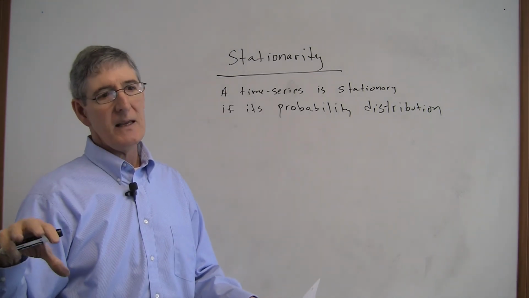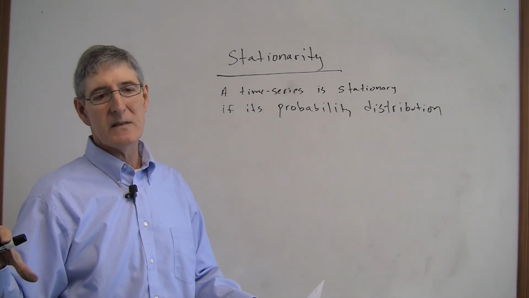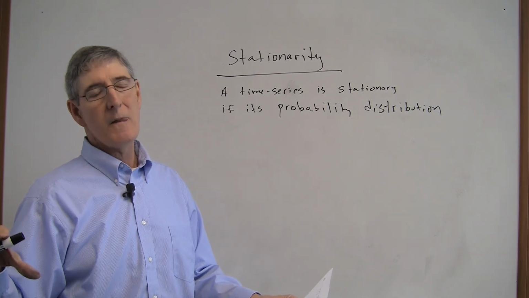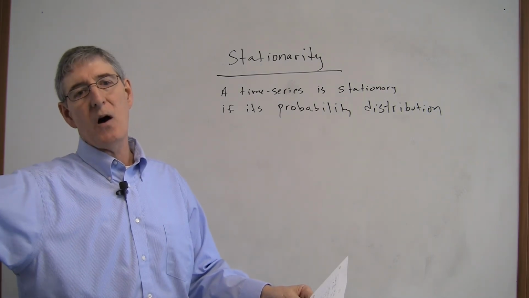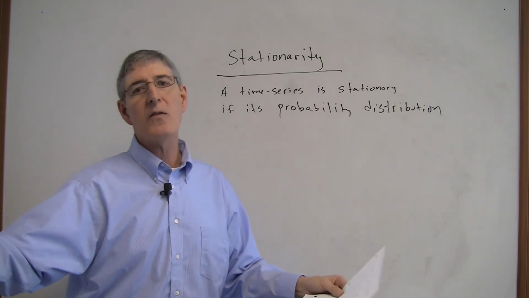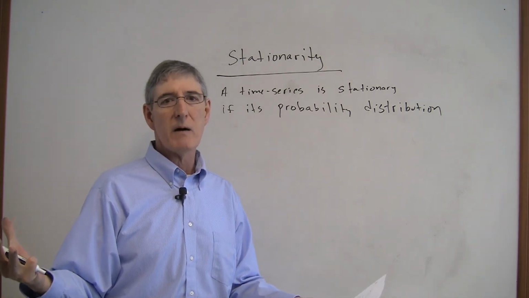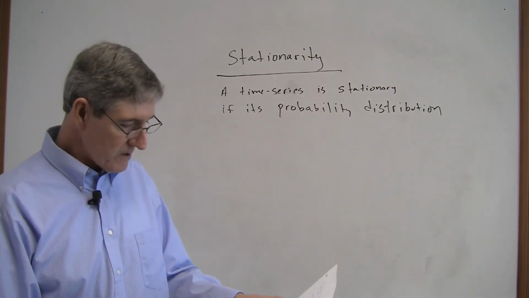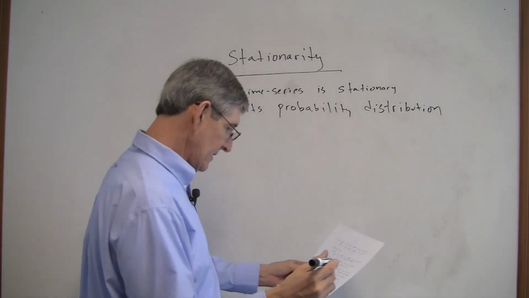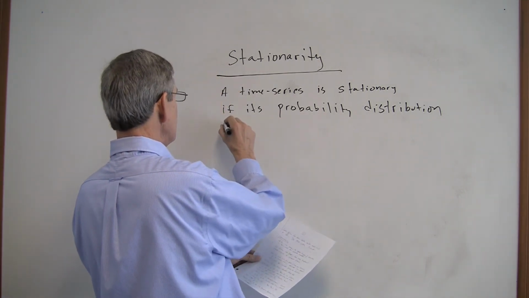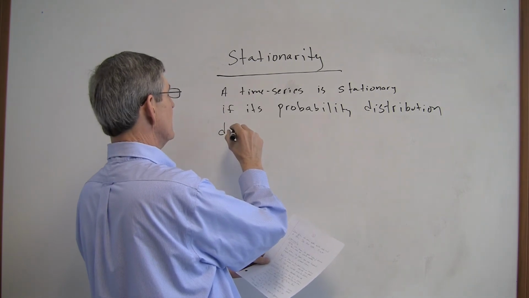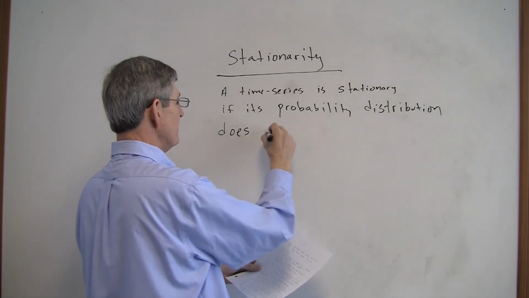Remember, the mean and the variance are the first two moments of a series. That's all you need for normal. But for other types of things, you need all these moments. So what we're saying is all the moments of the probability distribution, which for the normal is just the mean and the variance, do not change over time.